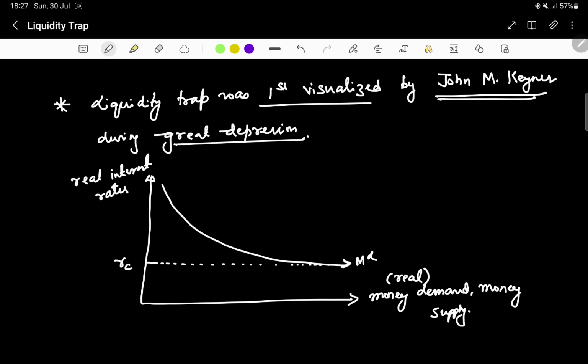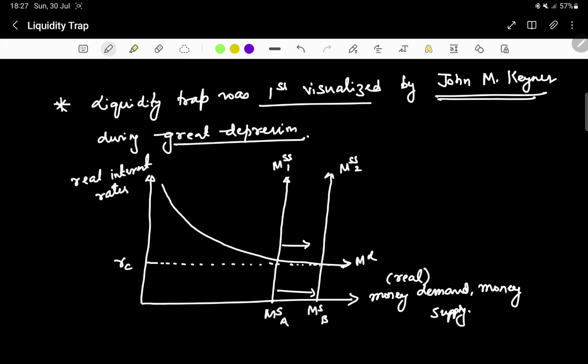Let's say my initial money supply is here, and I am a monetary authority and I have increased the money supply. This is money supply 1. Now I have increased the money supply to money supply 2, from point A to point B.